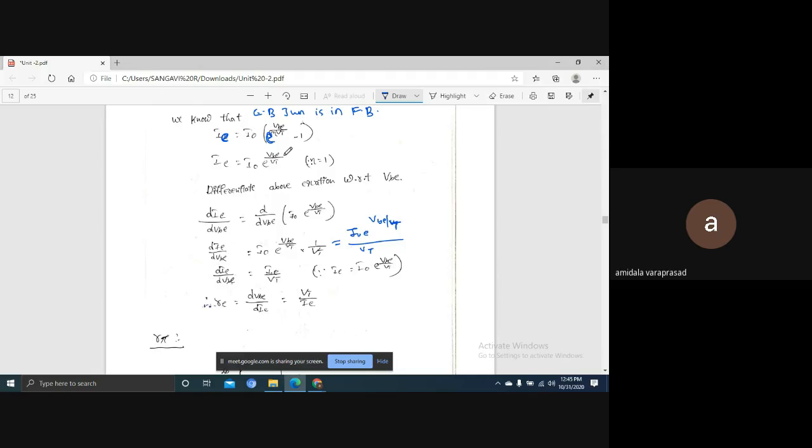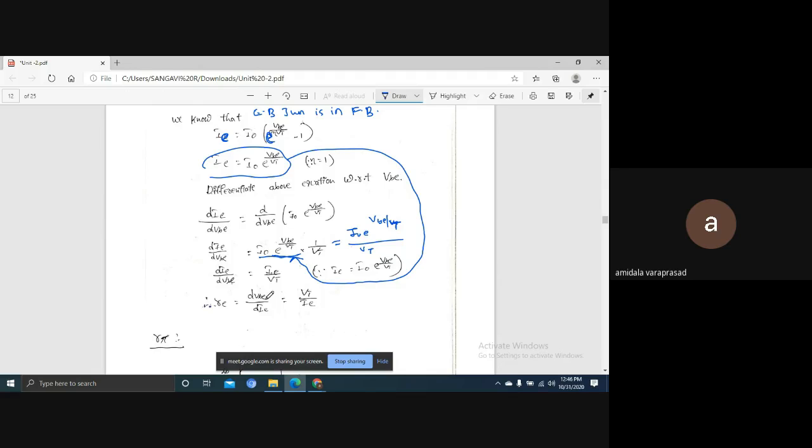Because from this equation I can substitute here, I substitute that IE by VT.